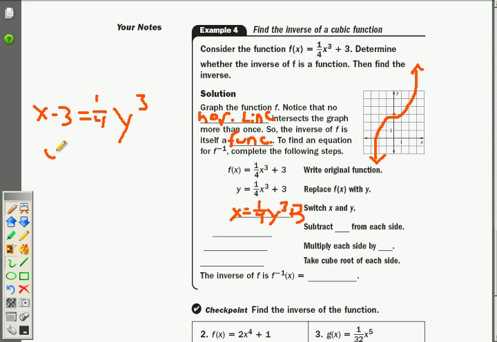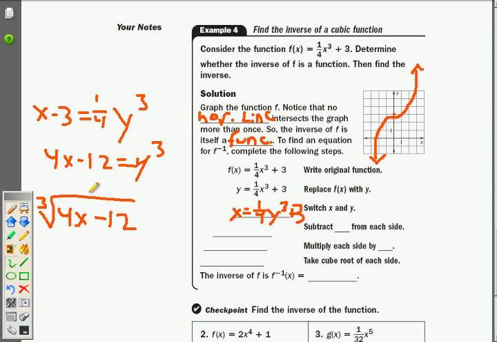Multiply everything by 4. 4x minus 12 equals y cubed. And then we're going to take the cube root. When I take the cube root of 4x minus 12, you can only imagine that's going to be a little bit of a mess. And so the inverse of f is right here.